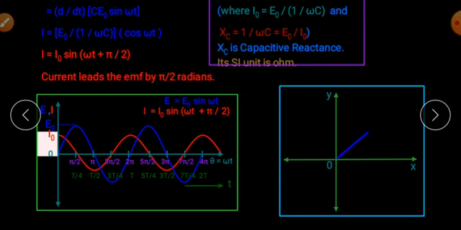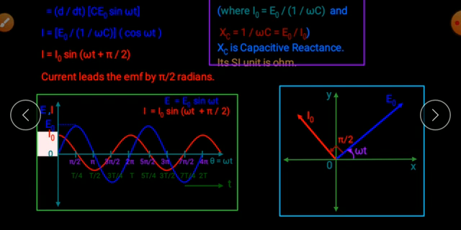The phasor representing peak EMF E naught makes angle omega t in anti-clockwise direction with respect to the horizontal reference axis. And as the current leads the EMF by 90 degrees, the phasor representing I naught is turned 90 degrees anti-clockwise with respect to the phasor representing E naught.